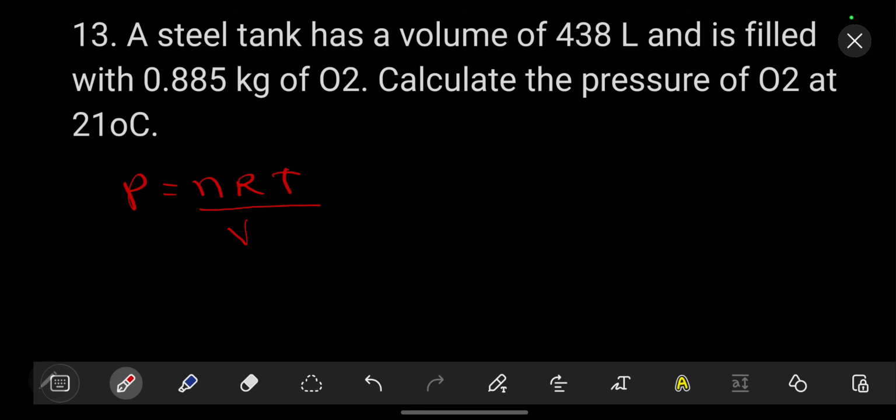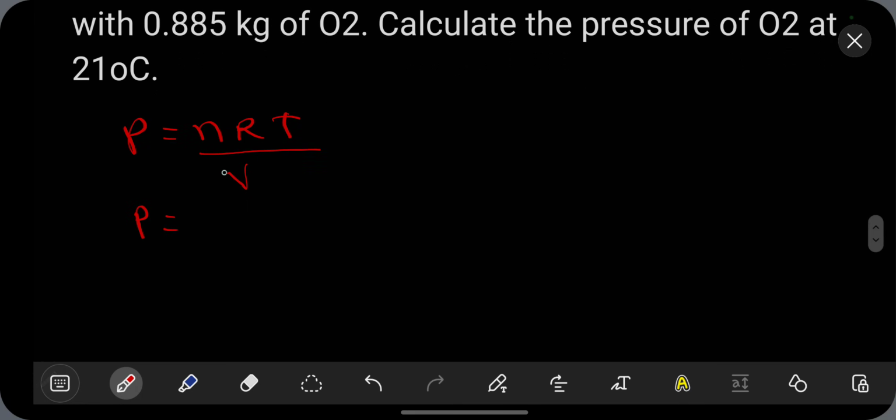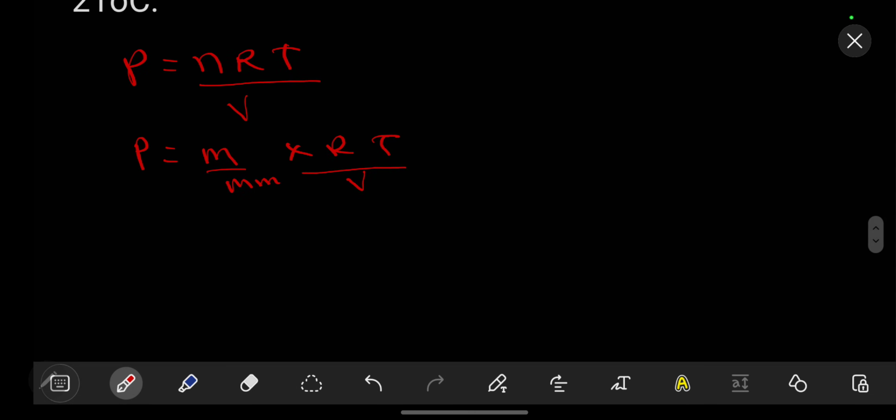So our pressure should be equal to what is our n value. Our n value, which is the number of moles, is the same as the mass over the molar mass. Since we have the mass times RT over the volume, our mass is 0.885 kg.